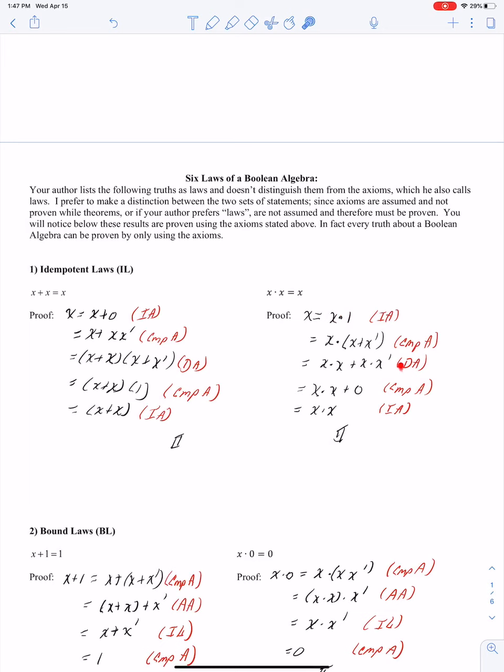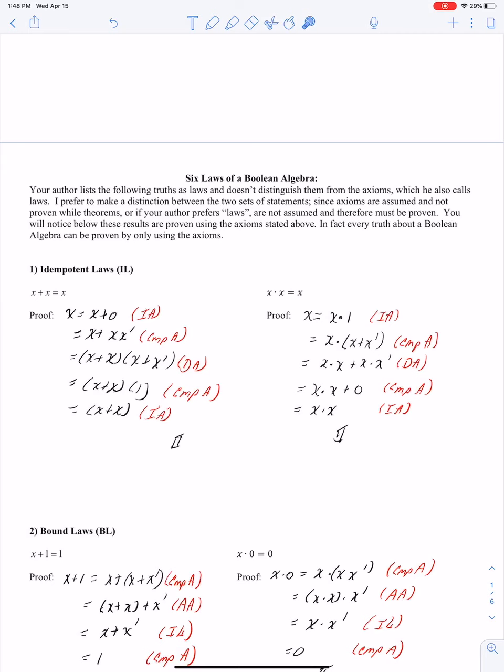And then by the distributive axiom, x dot this plus that is x dot x plus x dot x complement. But the complement axiom tells me x dot x complement is 0. And then if I take 0 and add anything, I get that thing back. So going from here to here is using one of the identity axioms. And there you have it.